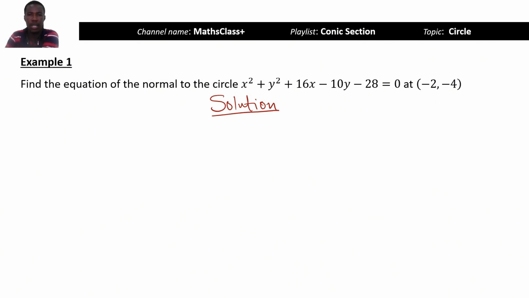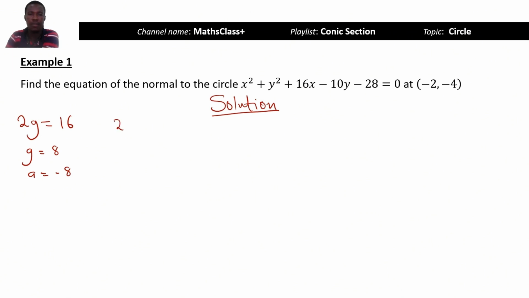So let's determine the center of the circle. When we compare the given circle to the general formula, we have 2g equal to 16. That means g is equal to 8 and our a will be equal to -8.